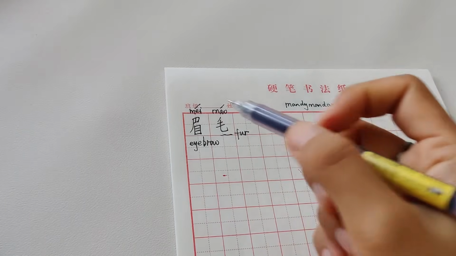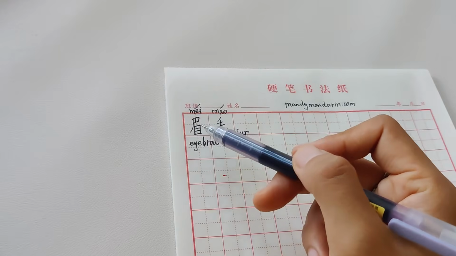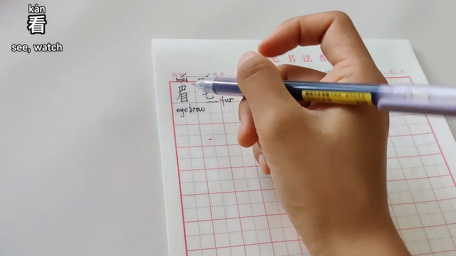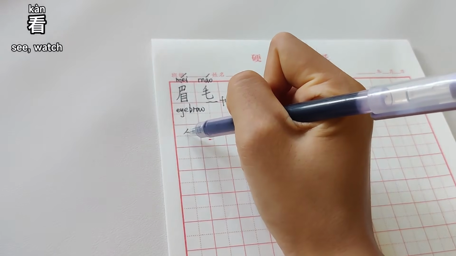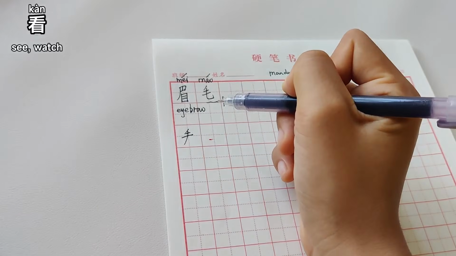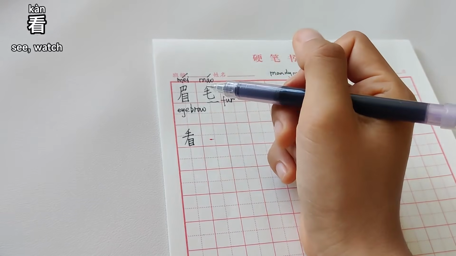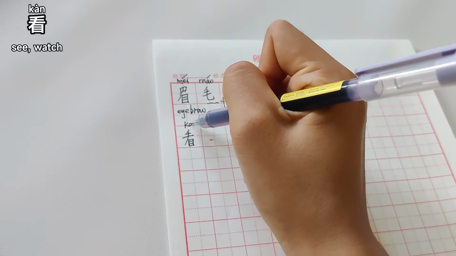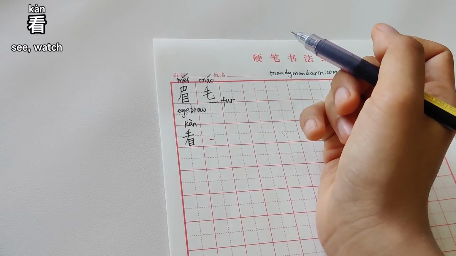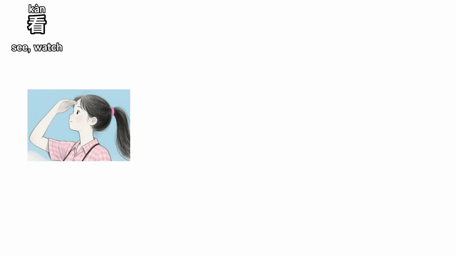And the next example is quite similar to this structure. We have this on the top and the eyes radical at the bottom. And this could be 看. Here's a picture to show you the parts of the 看.